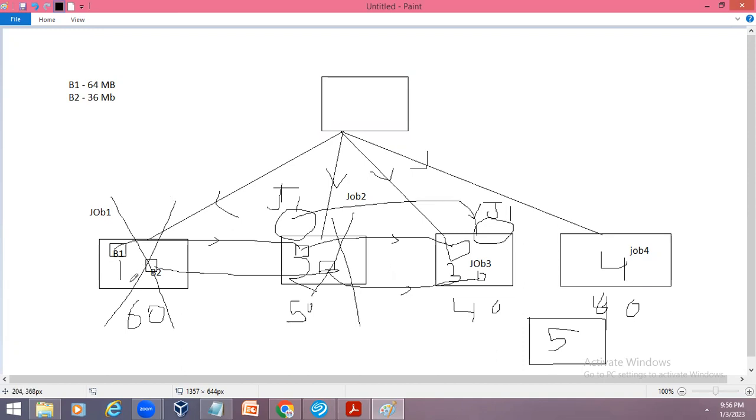Let's say your node 1 is destroyed. If you have not created the replica, you will lose your data. But if you have taken the replica, you can get your data from node 2 or node 3. So that's why we say it's used for disaster management. Clear?